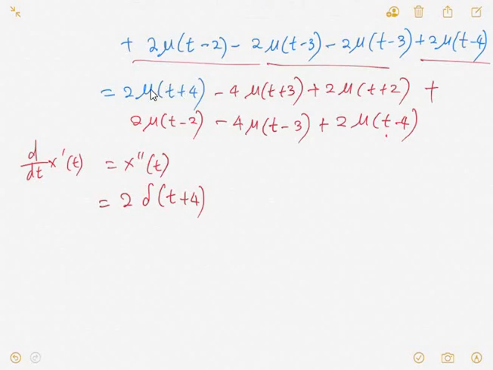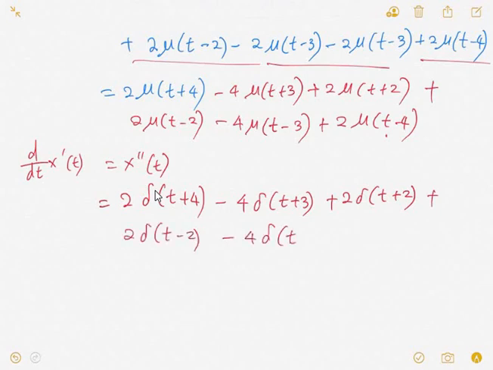The change is only at the unit step. The differentiation of unit step gives you delta, and the time remains. So this is easy: 2 delta t plus 4, minus 4 delta t plus 3, plus 2 delta t plus 2, plus 2 delta t minus 2, minus 4 delta t minus 3, plus 2 delta t minus 4. Okay, that's it.